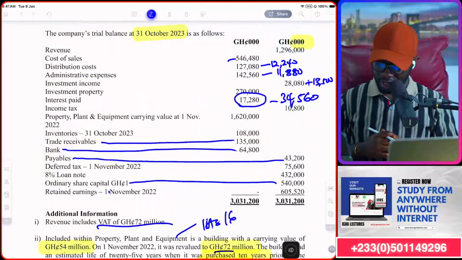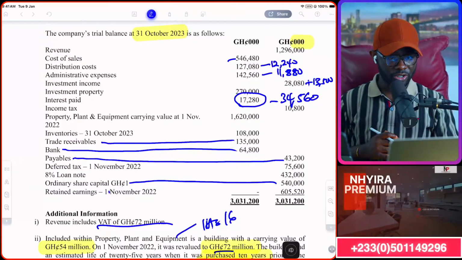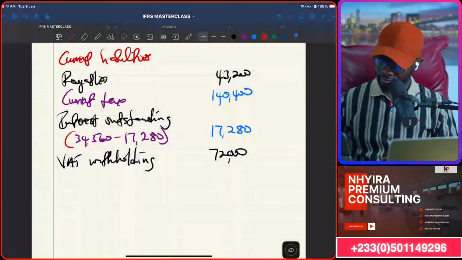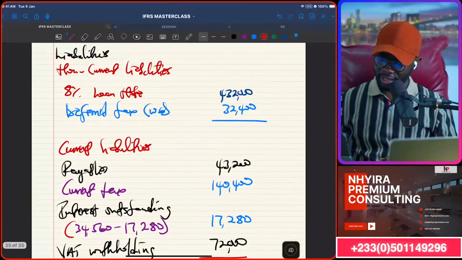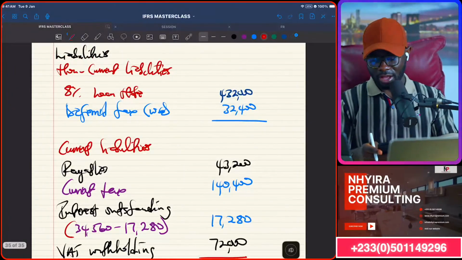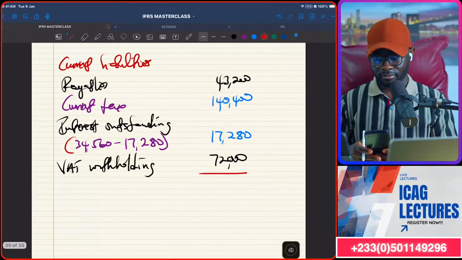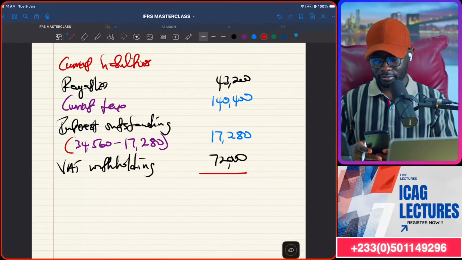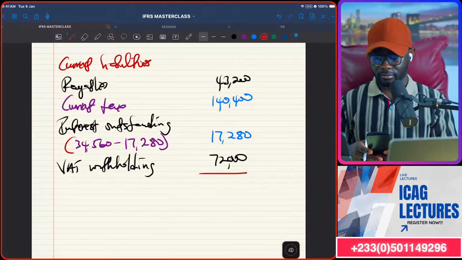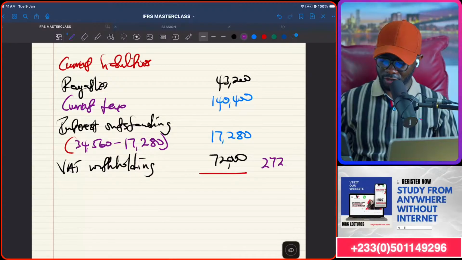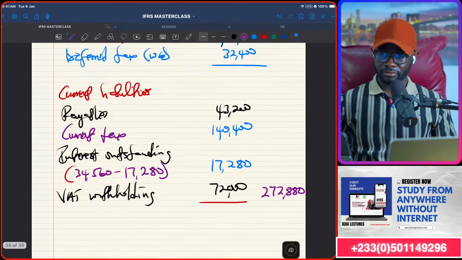We've touched on everything that we are supposed to touch on based on the context of the question. Let's see if we will have faith in our balance sheet. My current liability is 272,880.